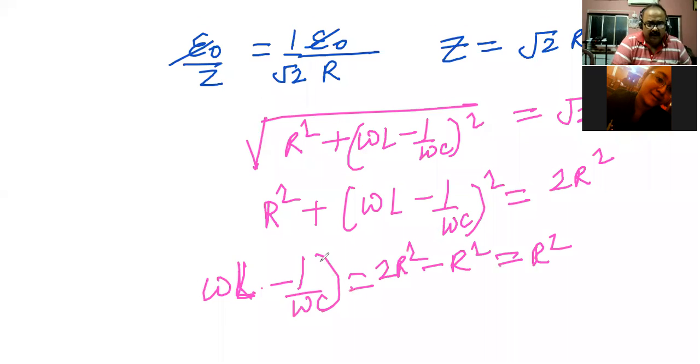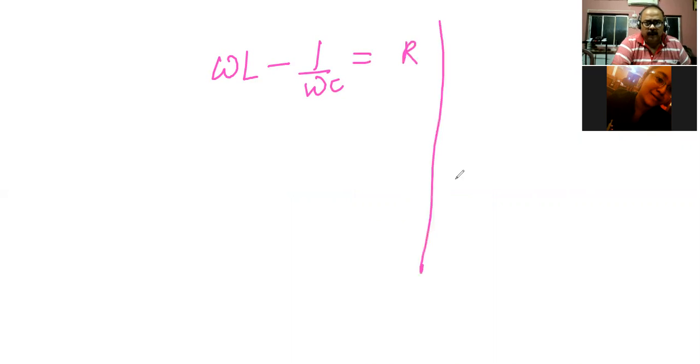So omega L minus 1 by omega C whole square is equal to 2R square minus R square, which is R square. So we can conclude from here that omega L minus 1 by omega C is either equal to plus R or equal to minus R.